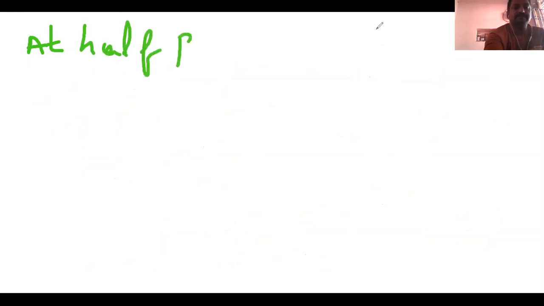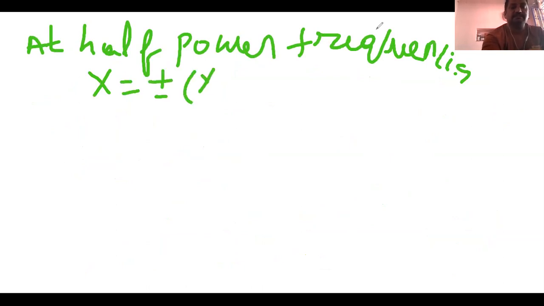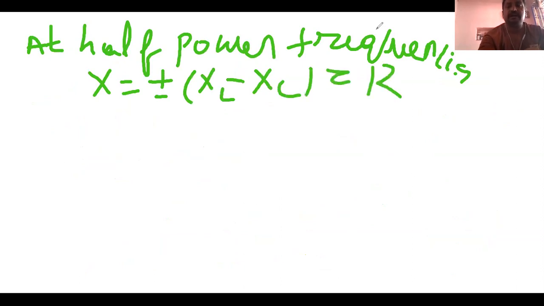So at half power frequencies, the net reactance, which is plus or minus XL minus XC, should be equal to only the R value.